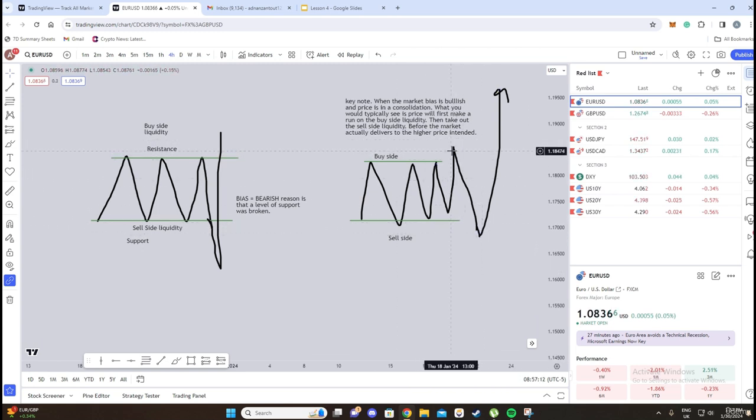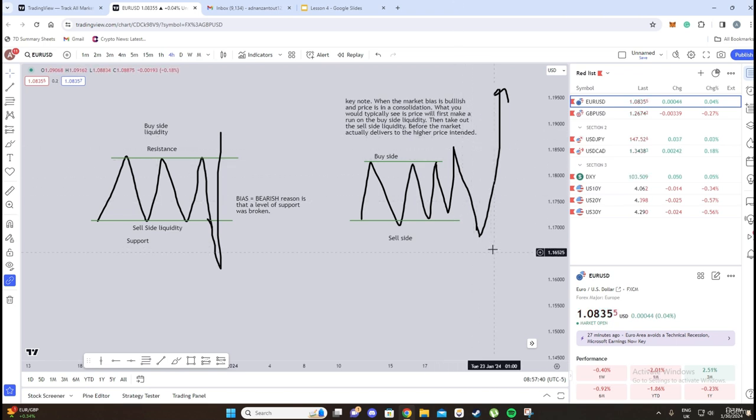So now those who were trapped long because price hit above this buy side, or this quote unquote level of resistance, which we know is not really what's happening, the traders would have been trapped long, so they would expect price to continue higher, keeping their stop loss here. Market knows this, so market will go all the way down, stopping them out. So now all of those traders who were going long and have their stops here, their money is now in the market.